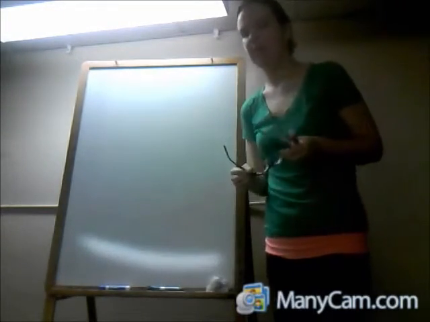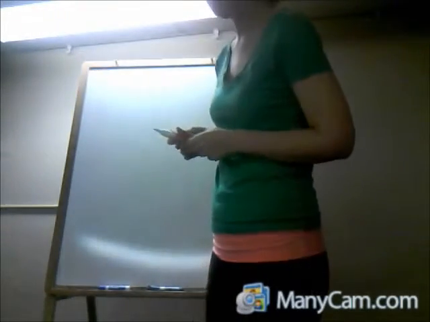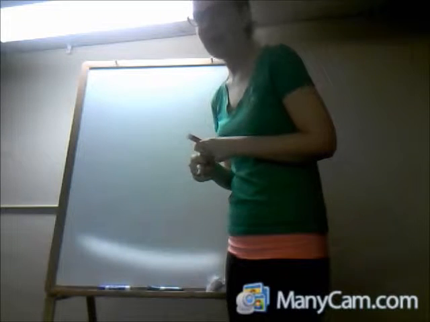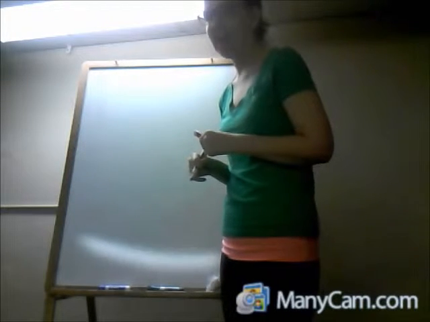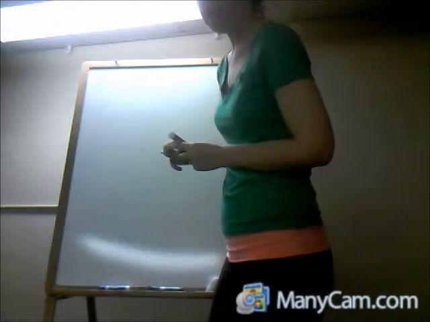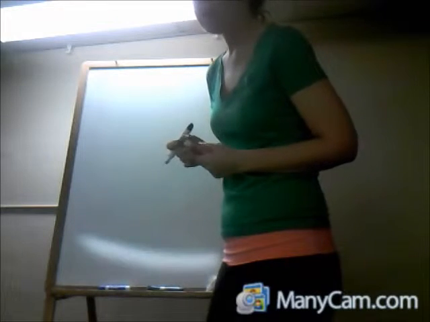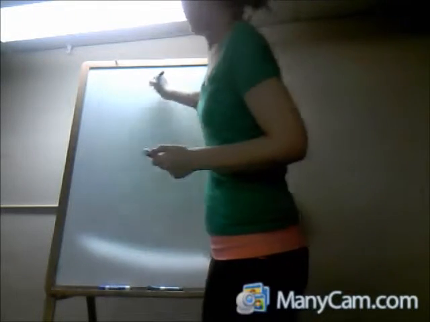Okay, this one's interesting. Alice and Corinne stand back to back. They each take 10 steps in opposite directions away from each other and stop.